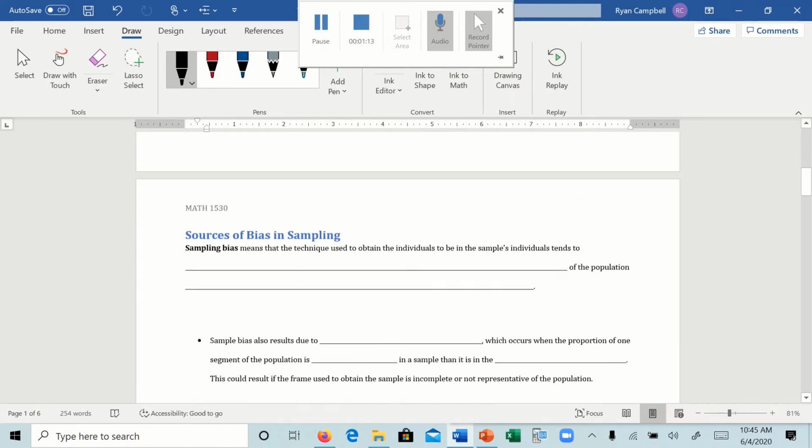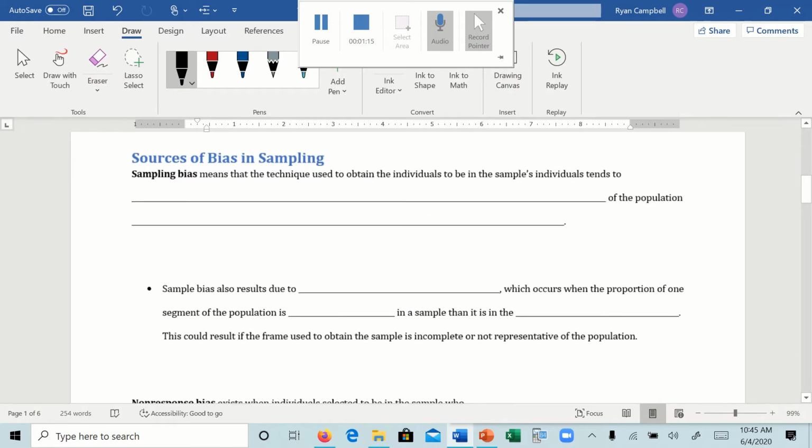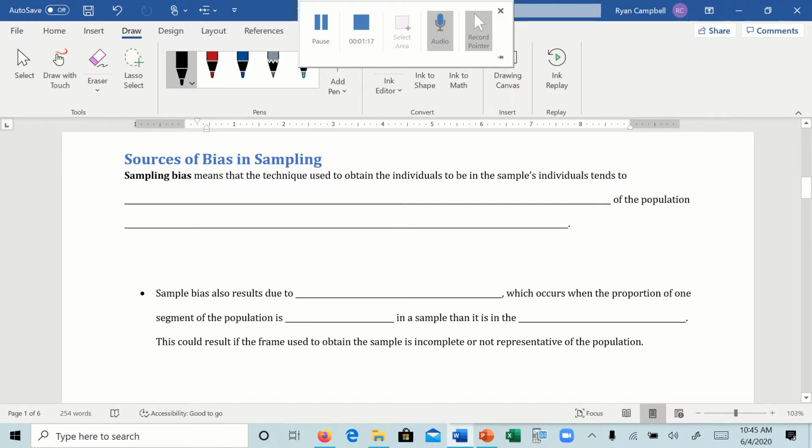So there are more or less three biases that we'll talk about. First one is a sampling bias. Sampling bias means that the technique used to obtain the individuals to be in the sample tends to favor one part of the population over another.